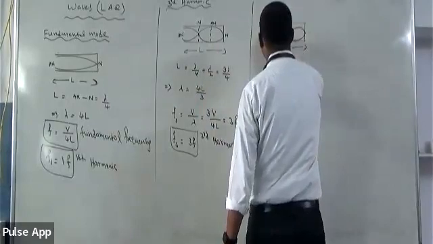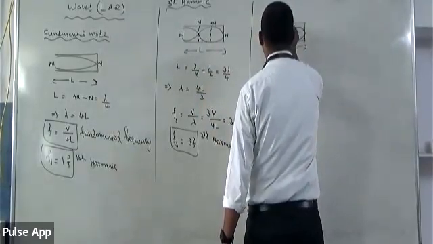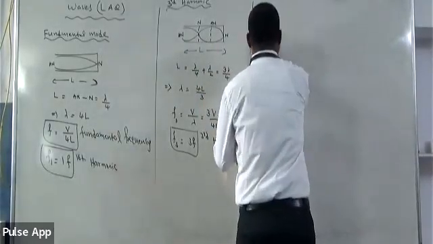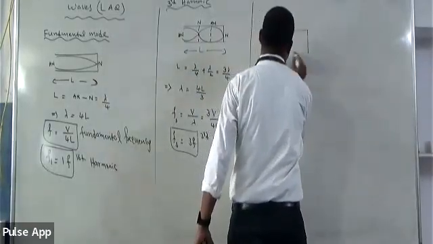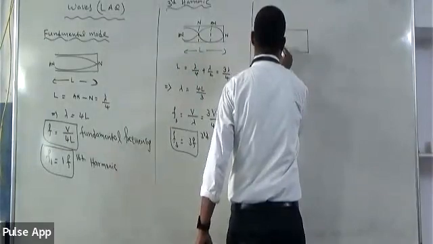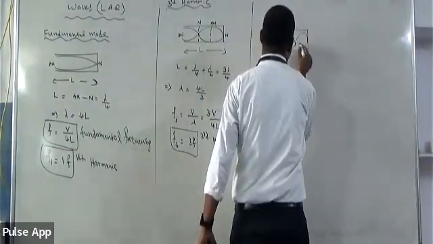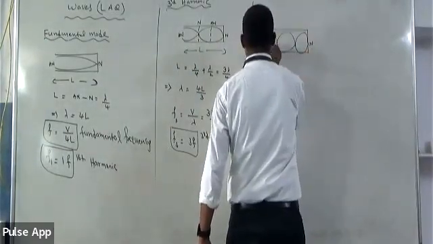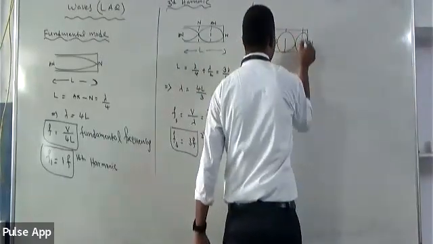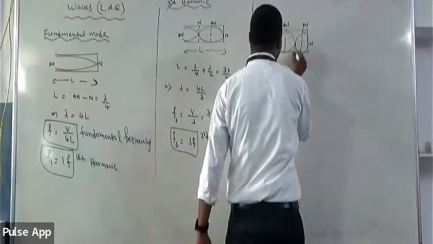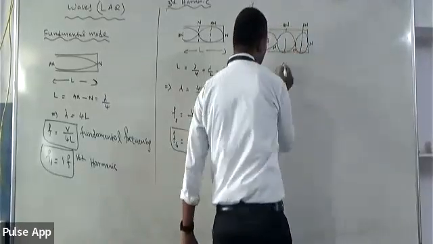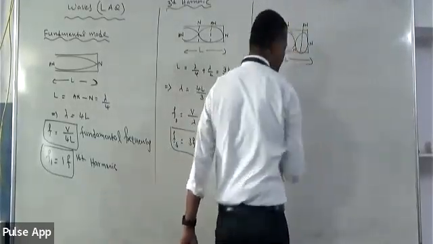Like this, 2.5 loops we'll get. This is an antinode. This is a node, this is an antinode, and in between this is also an antinode, antinode, node, node. This is the length of the tube.